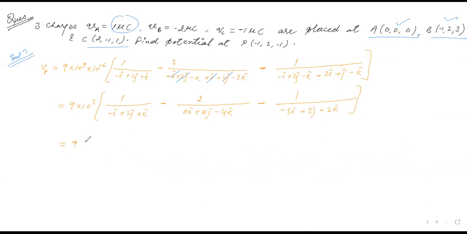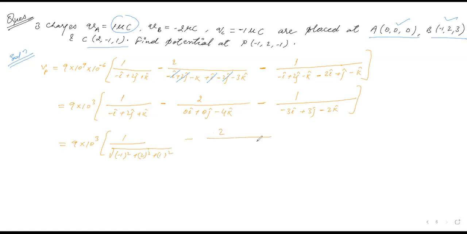This is your 9 into 10 raised to the power 3, 1 over minus of i cap, 2j cap, and 1k can be written as in the root of minus of 1 square plus 2 square plus 1 square. Okay. Yes, sir.